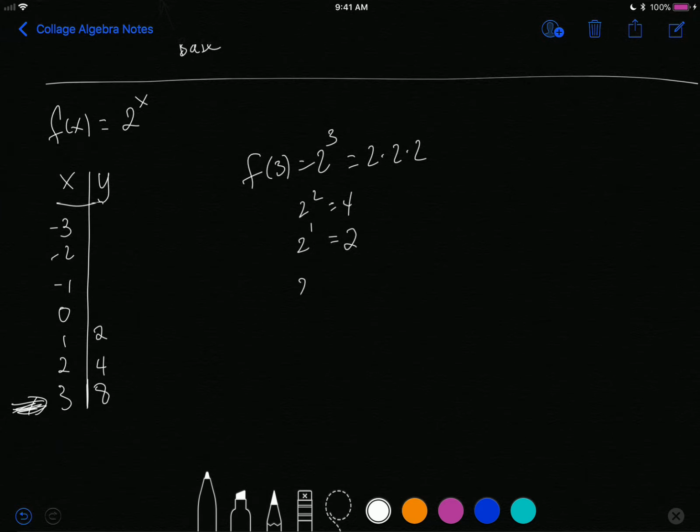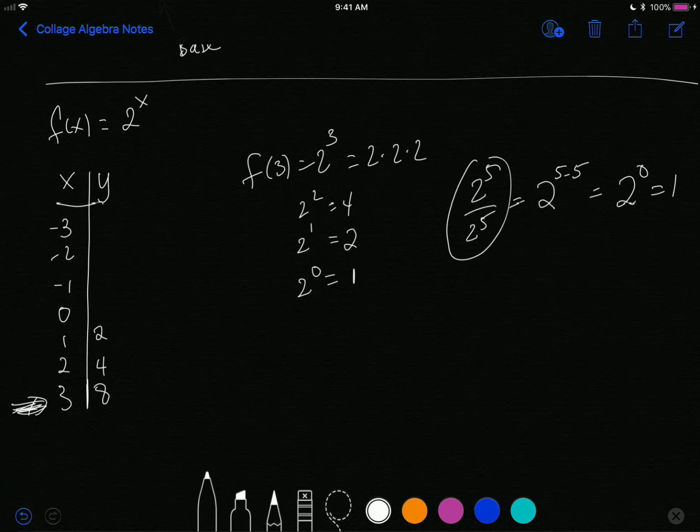And then 2 to the 0 power, any number to the 0 power is 1. That comes from the fact, let's say I have 2 to the 5th divided by 2 to the 5th. When I am dividing, I subtract powers, so I keep the base and subtract the powers, and that gives me 2 to the 0 power. Well, any number divided by itself is 1, so 2 to the 0 must be 1.